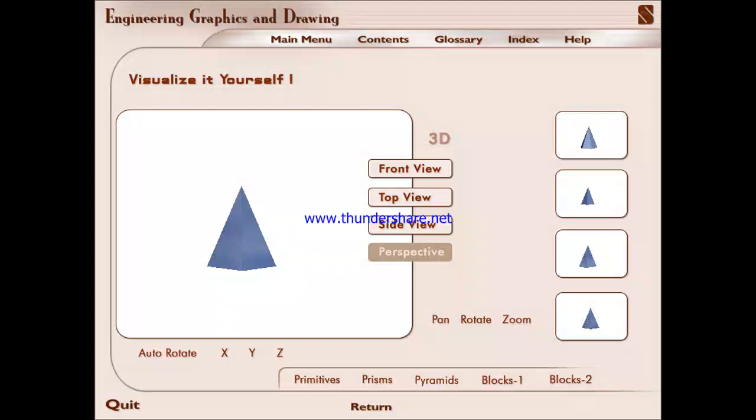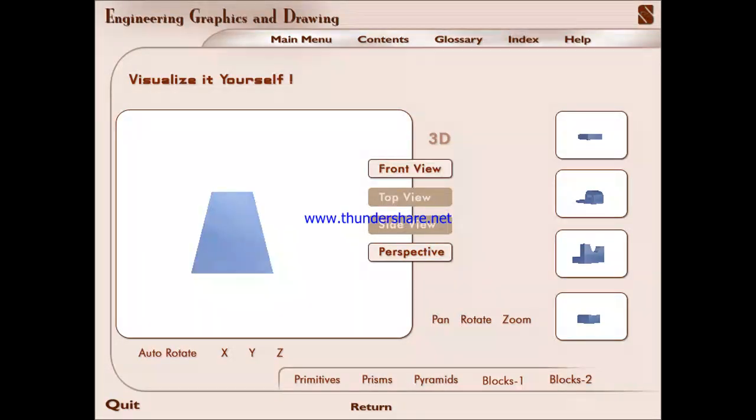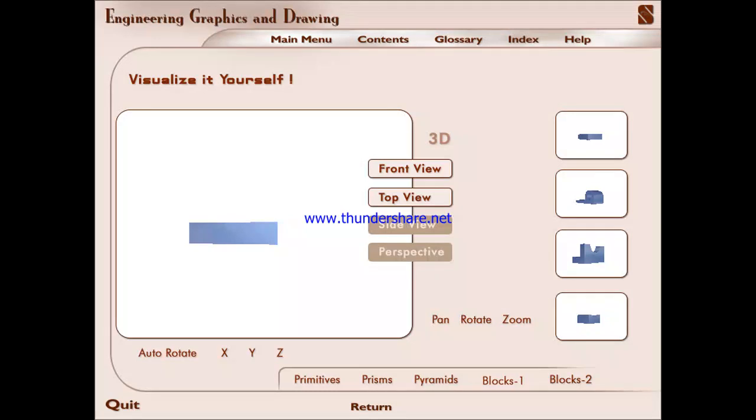Now next, blocks. In the blocks, as shown in the figures one by one, let us see what the views of the blocks are. This is the block. So for this block, front view, top view, side view, perspective view.